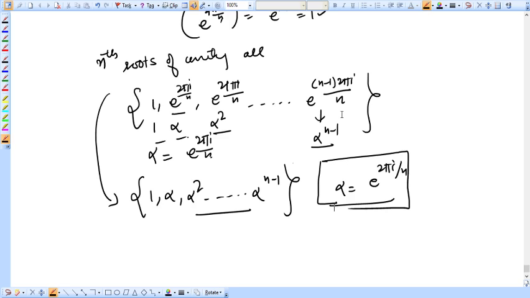You can see the first example had order 3, the second example had order 4, and this group G has order n. It is a finite abelian group of order n.